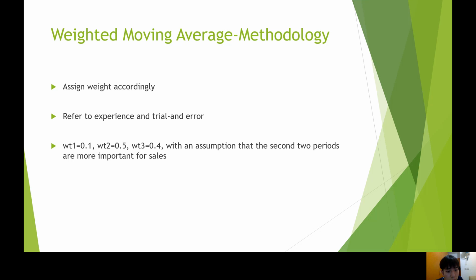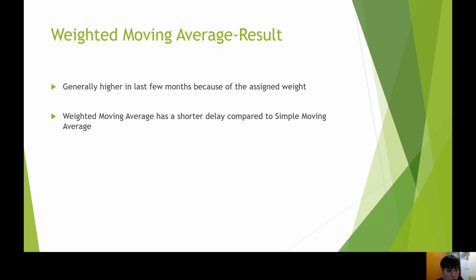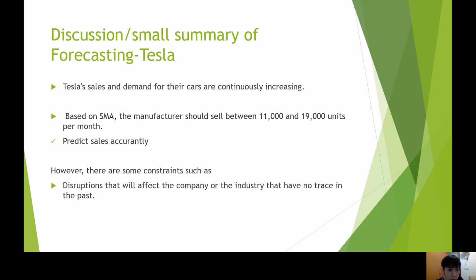In this case, we assign 0.1, 0.4, 0.5 with the assumption that the last two periods are more important for the sales. The results show that it is higher in a few months because of the assigned weights. Also, WMA has a shorter delay compared to SMA.